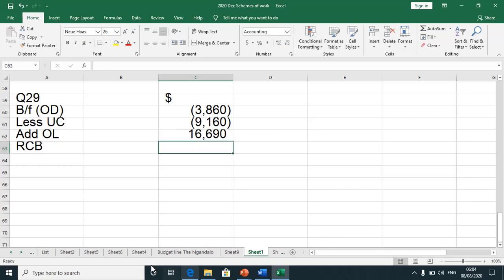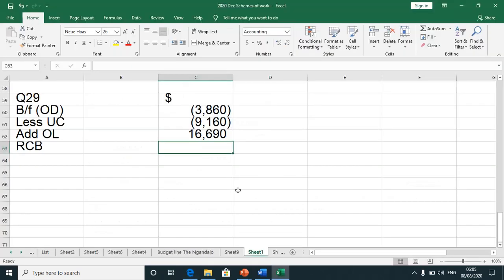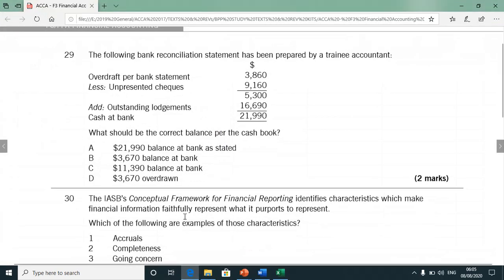Is that correct? Let me check again. 16,690, that's correct. So if we sum up, we should be getting a credit of 3670, and if we check, it's a balance at the bank of 3670, not overdrawn, because that figure is not negative. So the answer is supposed to be B.